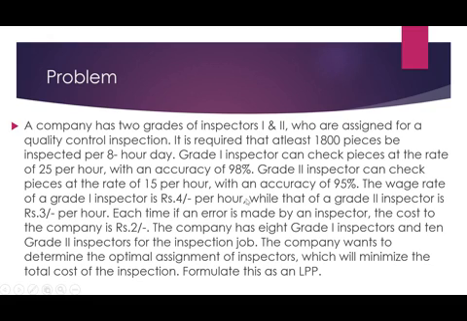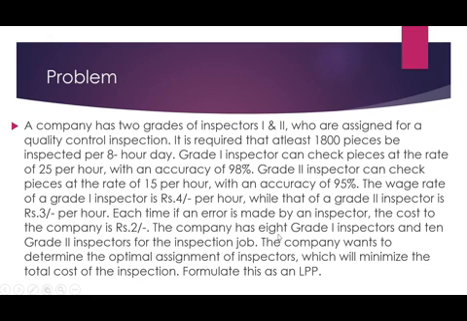The wage rate of a grade 1 inspector is rupees 4 per hour, while the wage for a grade 2 inspector is rupees 3 per hour. So here per hour wages are given. Each time an error is made by an inspector, the cost to the company is rupees 2. So for every mistake, rupees 2 is cut by the company.